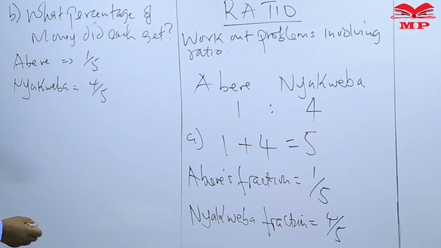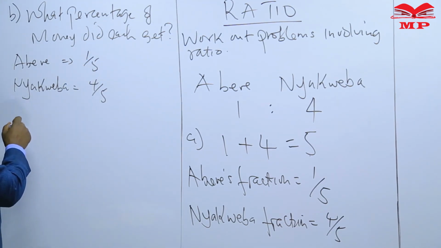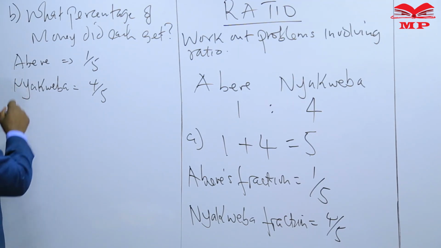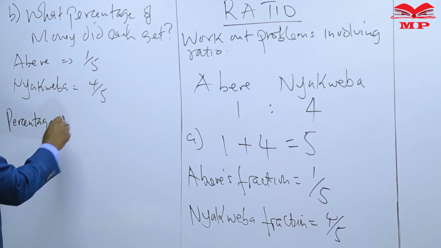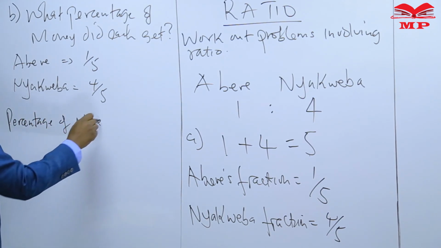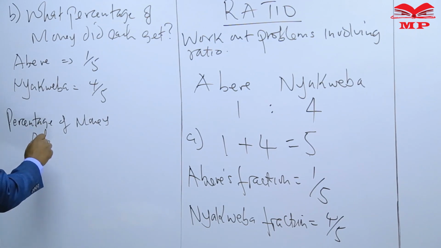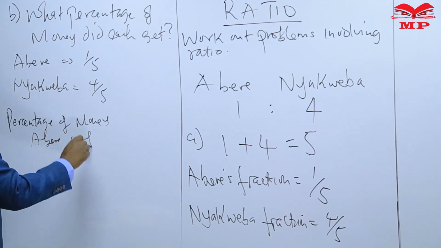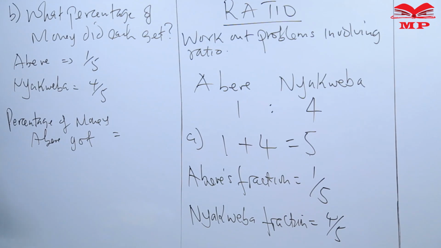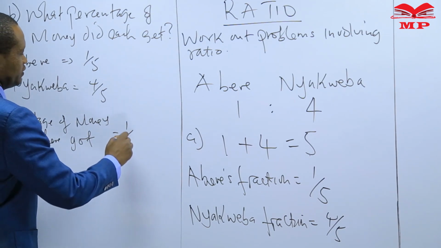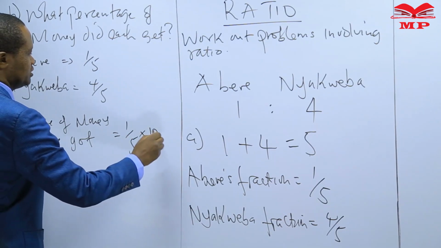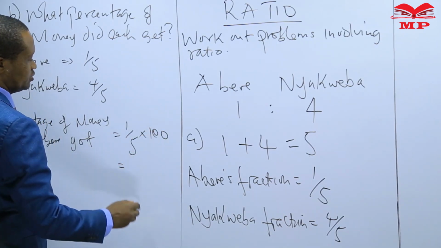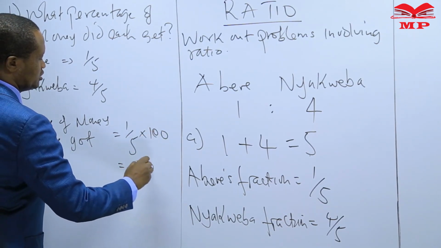The percentage of money Abere got will be equal to 1/5 times 100, which is equal to 20%.